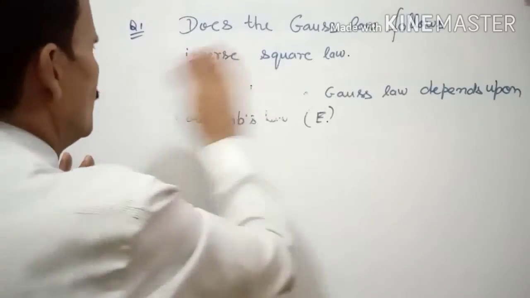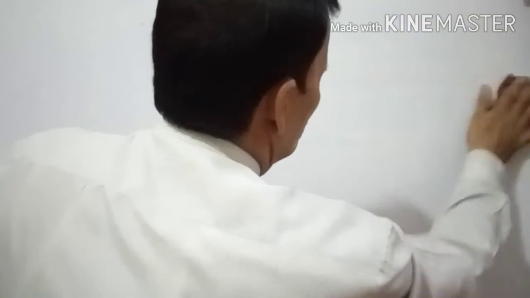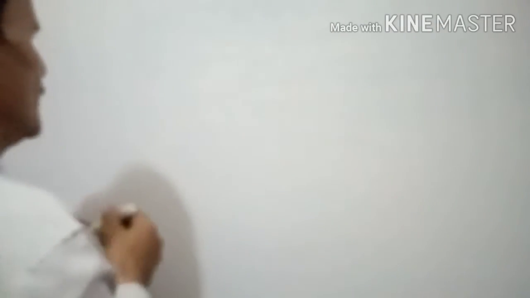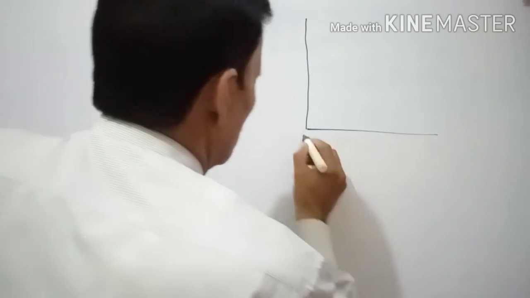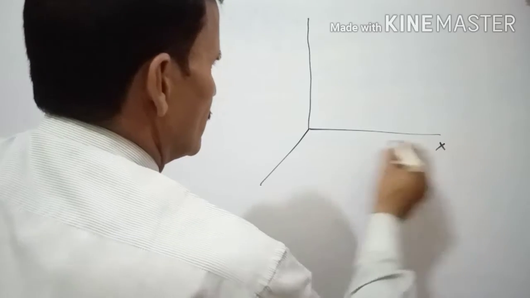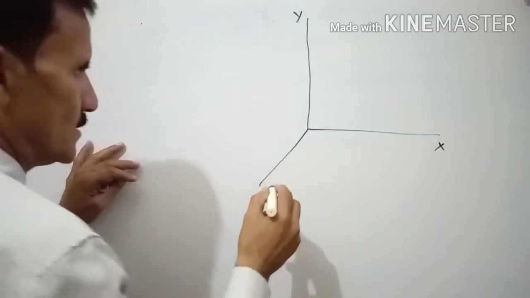Now come to another question. Suppose we are taking a cylinder. Suppose a cylinder is placed in three-dimensional space. Suppose it is the x-axis, the y-axis, and the z-axis.